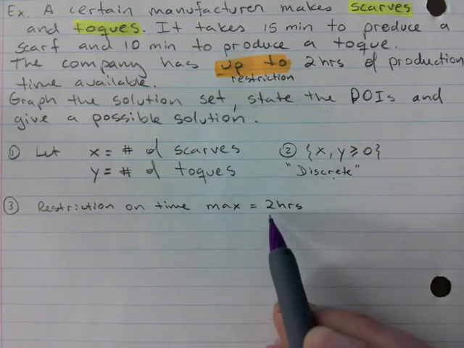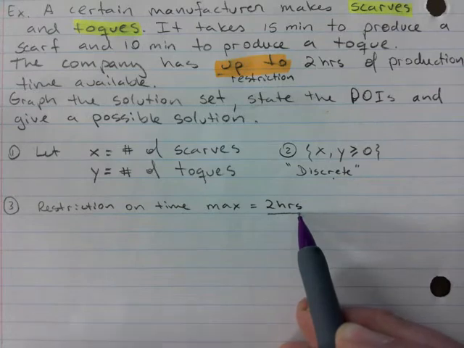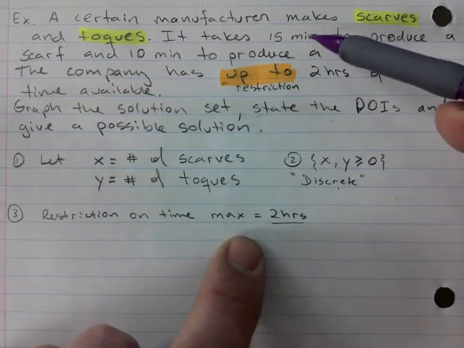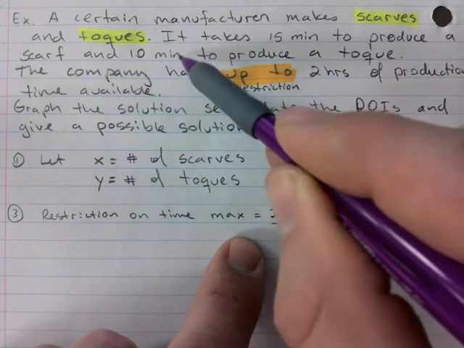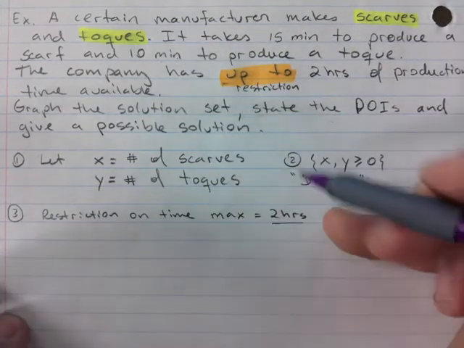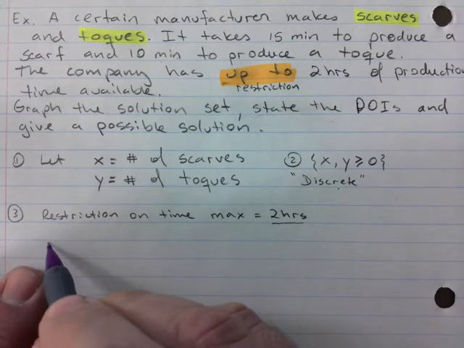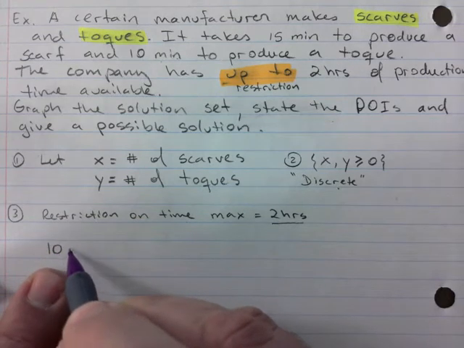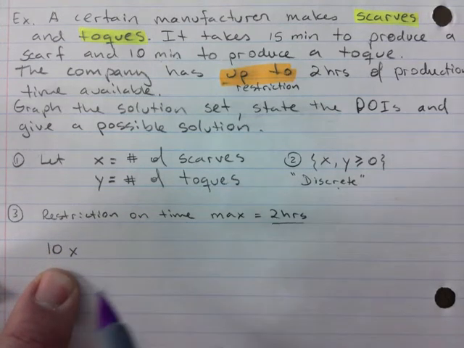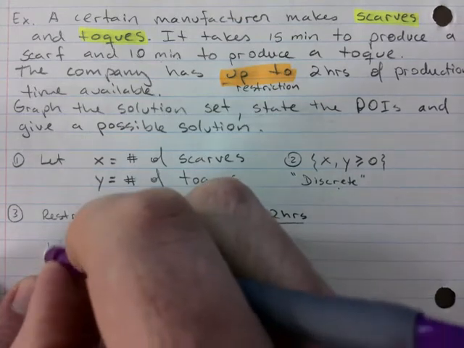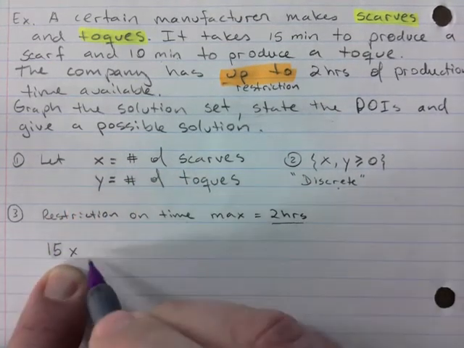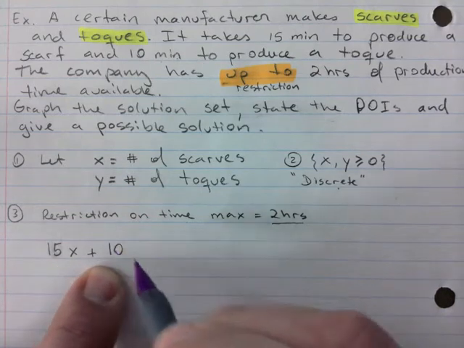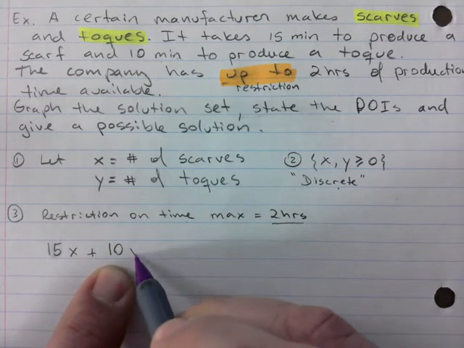You look at that, there's a restriction on time. We are given the time it takes to produce each item. Okay, so these are the coefficients that go with your variables. So if it takes 10 minutes to produce a scarf, 15, my bad, it takes 15 minutes to produce a scarf and 10 minutes to produce a toque.